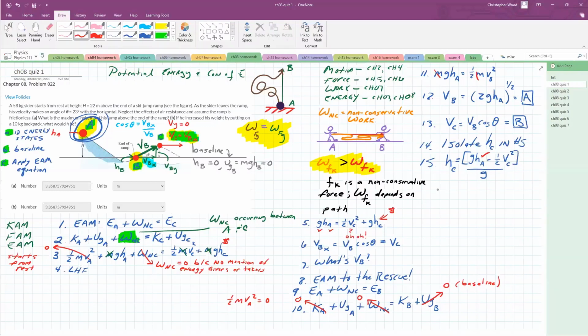So this is our first energy analysis endeavor. H subscript C equals 3.358 meters. That's the answer to part A.